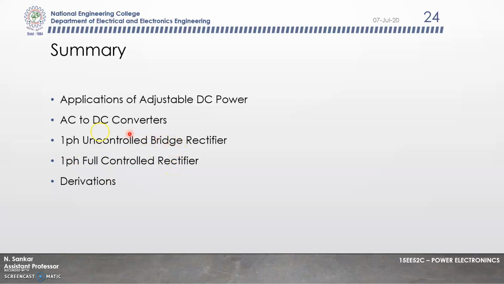The difference is that here we use diodes and there we use thyristors. Based on the triggering point, the output voltage is controlled or adjusted in the controlled rectifier. Then the output waveforms, both output voltage and output current, and the voltage across the thyristor during the complete cycle, and finally the derivation of the average and RMS voltage and current, then output power, then power factor. These are the things we have covered in today's lecture.